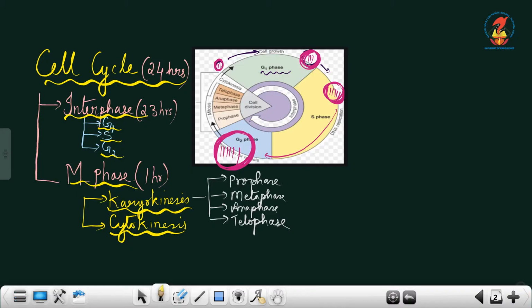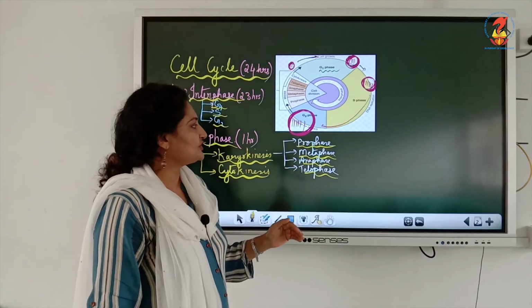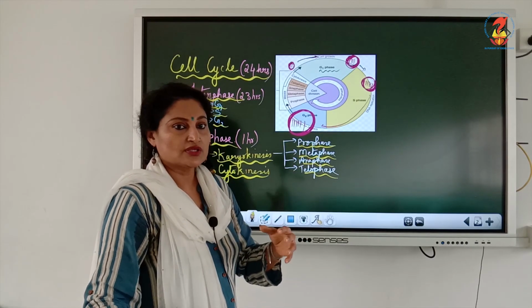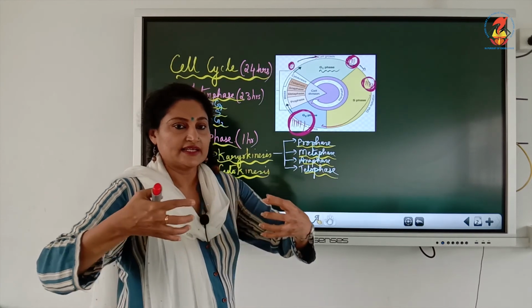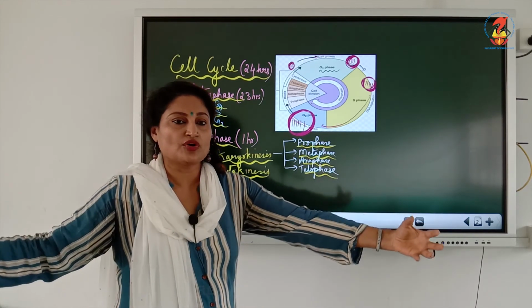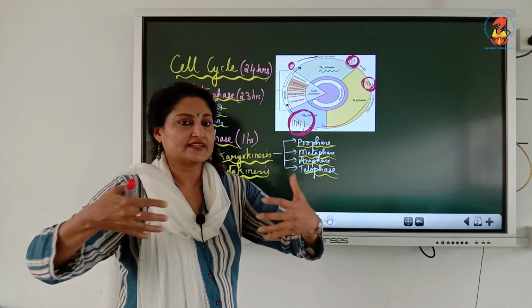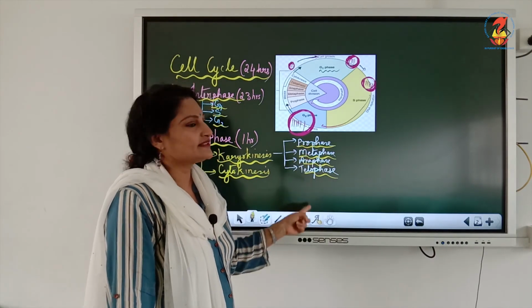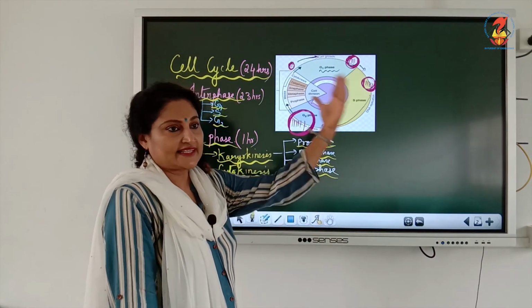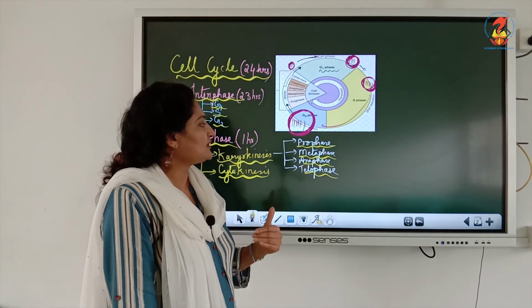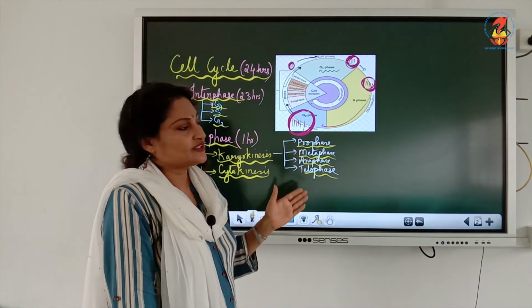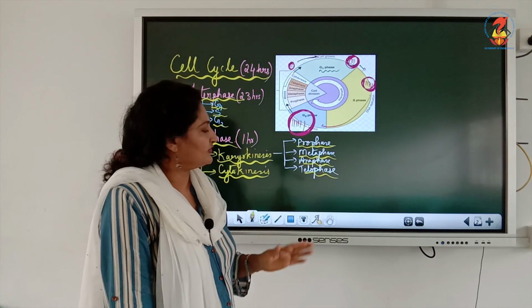They are prophase, metaphase, anaphase and telophase. During these stages we are going to see how the chromosomes get segregated and distributed to the 2 daughter nuclei. The way they are getting segregated will be dealt with in detail in the next video, which deals with the events occurring during prophase, metaphase, anaphase and telophase.